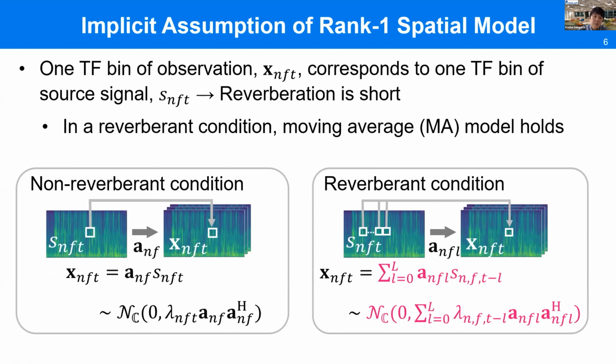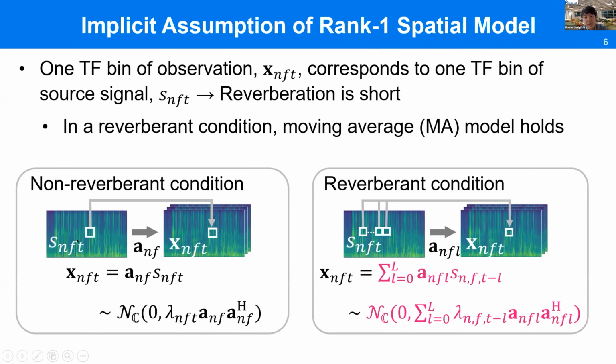Next, I will explain the implicit assumption of the rank 1 spatial model. In the rank 1 spatial model, one time-frequency bin of the observation X_NFT corresponds to one time-frequency bin of the source signal S_NFT, like these figures.